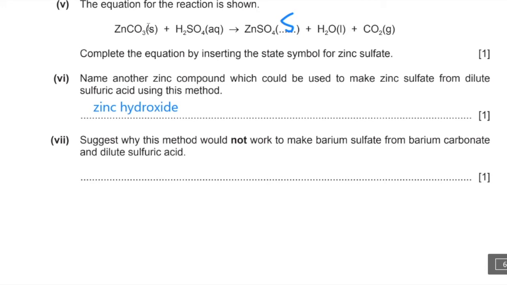Instead, the barium sulfate precipitate, which is insoluble, would form on the surface of barium carbonate, and that would prevent the reaction of the carbonate with the acid, which would again prevent the reaction from proceeding. So that is the reason: barium sulfate is insoluble.